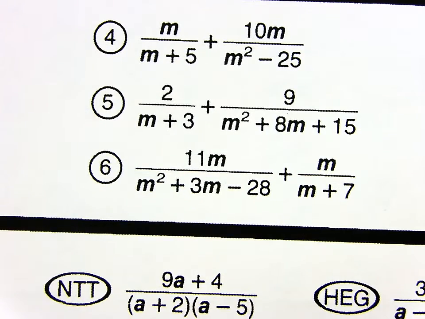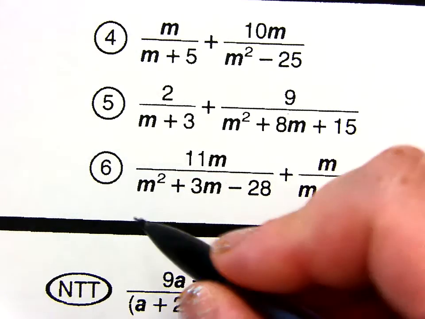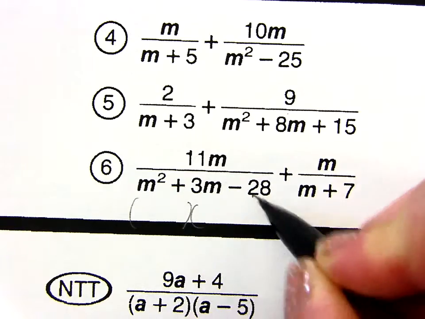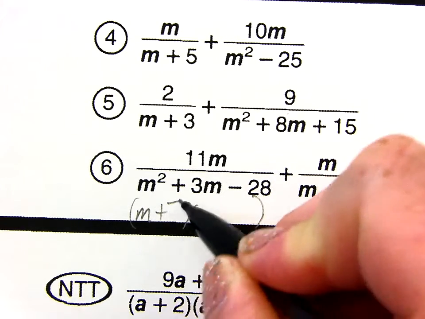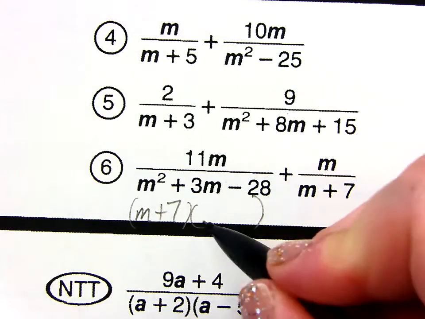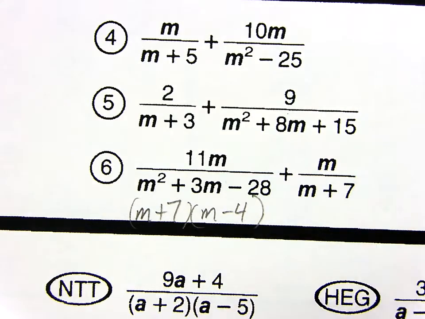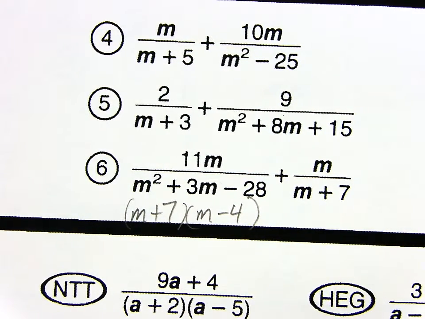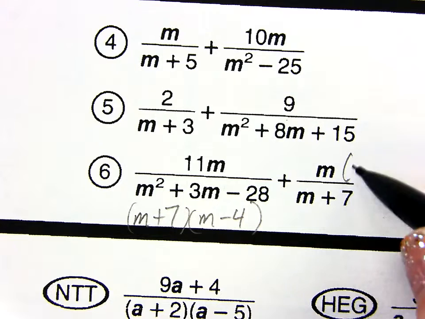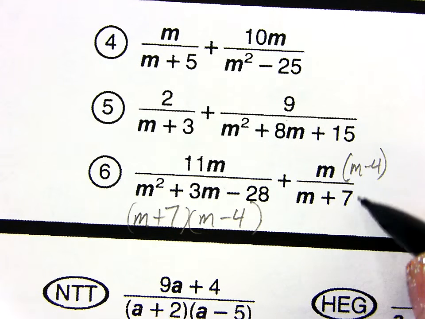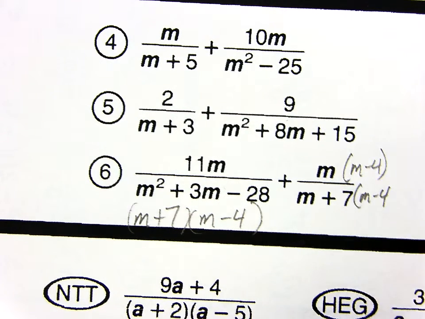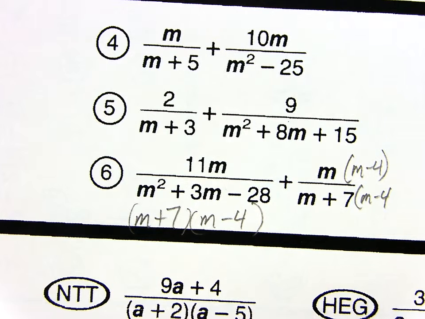So 6. Oh, I see something in my denominator to factor, so I should start there. M plus 7 and m minus 4. We agree? So then this side needs the m minus 4. We don't have a ton of room, but we will find a way to make it work.